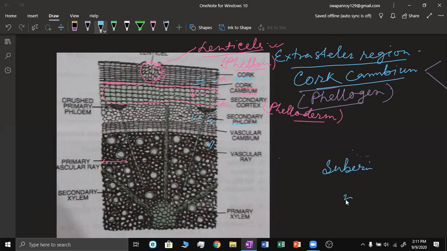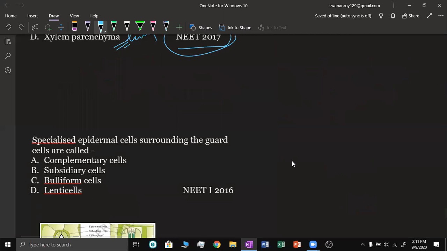Suberin or wax layer is found on the surface. So this cork layer becomes impervious to water, so it protects from water loss.